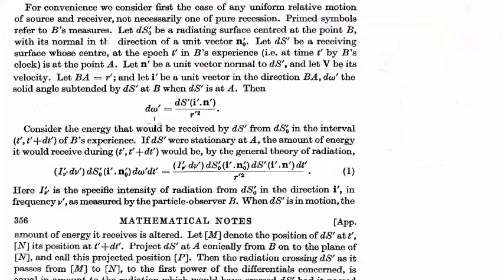So now we want to consider the energy that would be received by the telescope from the section of the nebula surface in the interval from t prime to t prime plus dt prime of the nebula's experience. Now this is a long time after it's emitted.